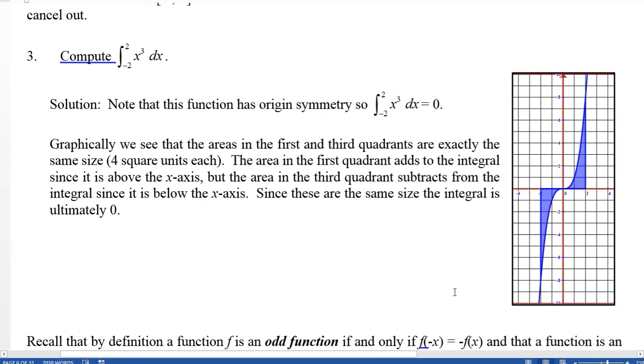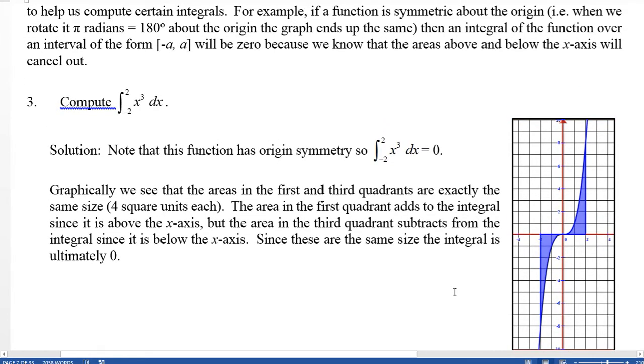Here's an example. If we want to integrate from negative 2 to 2 of x cubed dx, we notice that this has origin symmetry. And you can see the graph here on the right. The point here is that the area in the first quadrant is going to have a rotated image in the third quadrant.